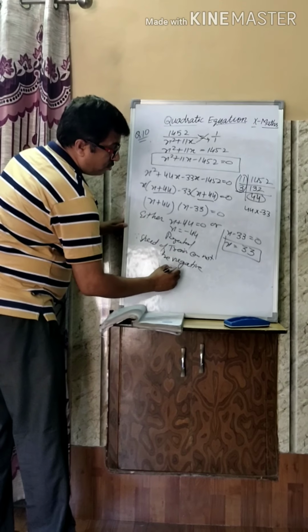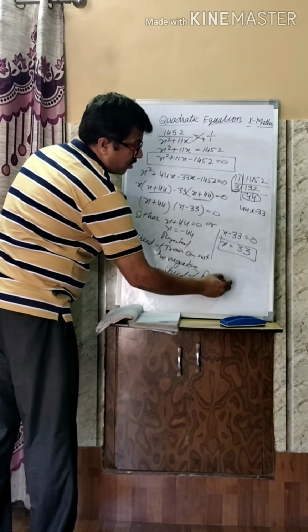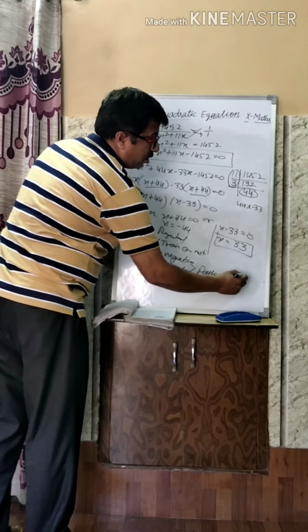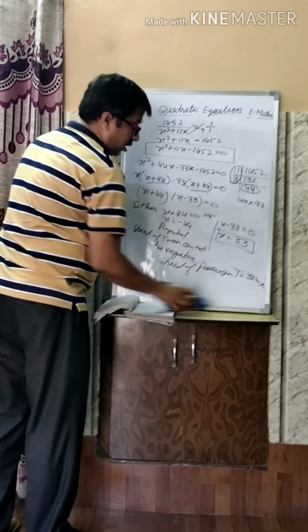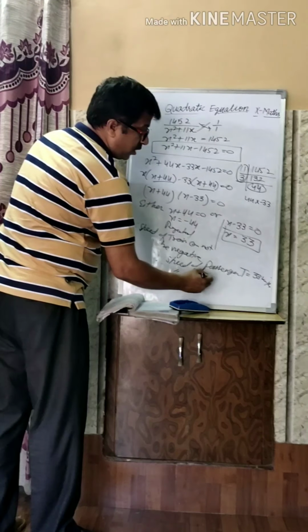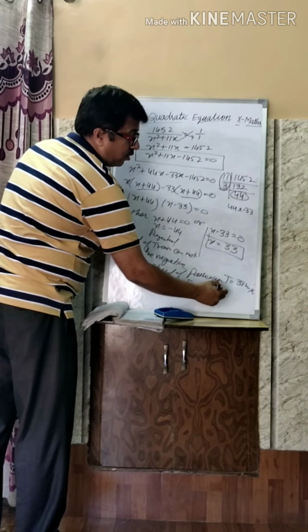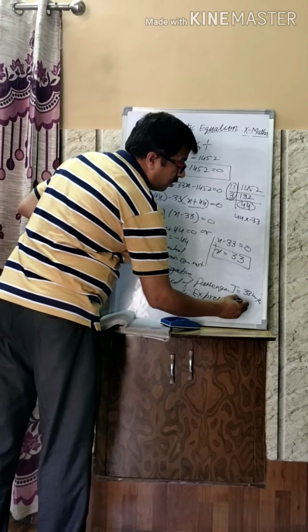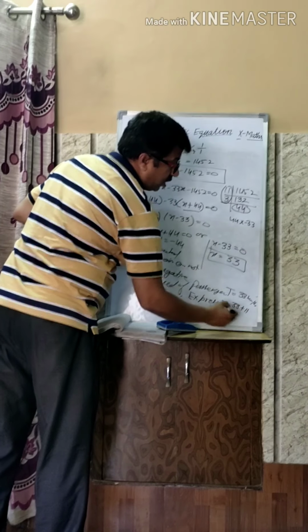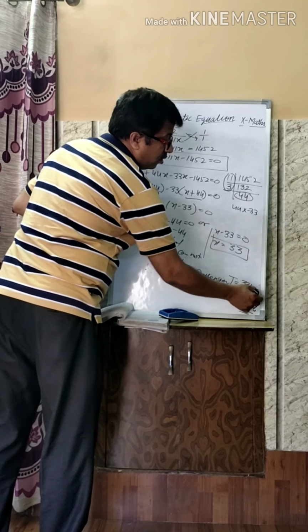So therefore the speed of the passenger train is 33 km per hour, and the speed of the express train, because the express train speed was 11 km per hour more than the passenger train, is 33 plus 11, 44 km per hour.